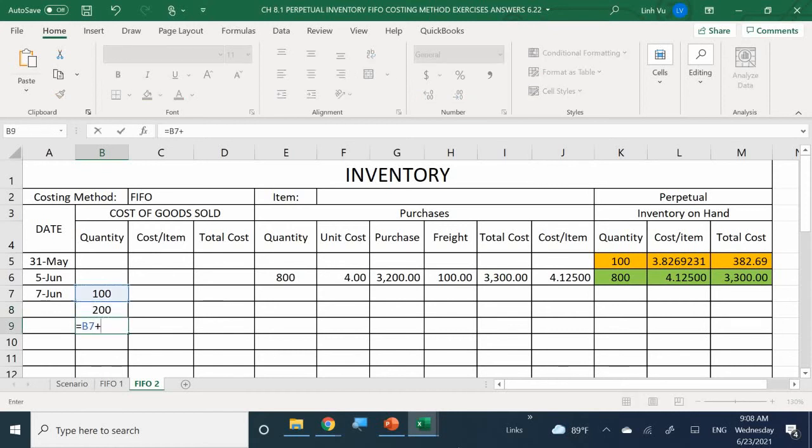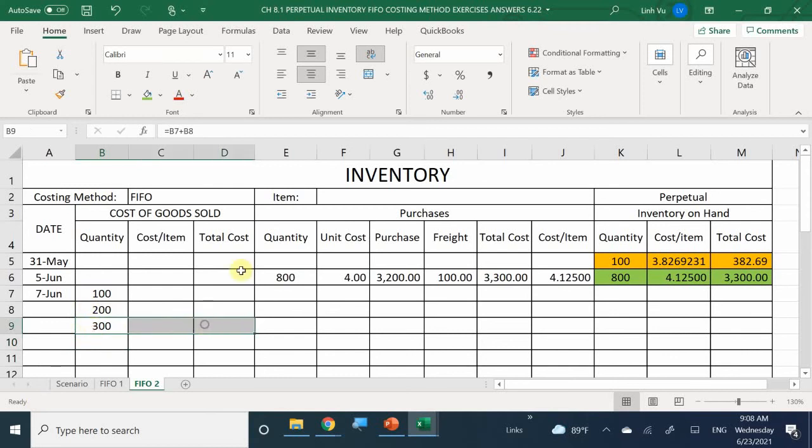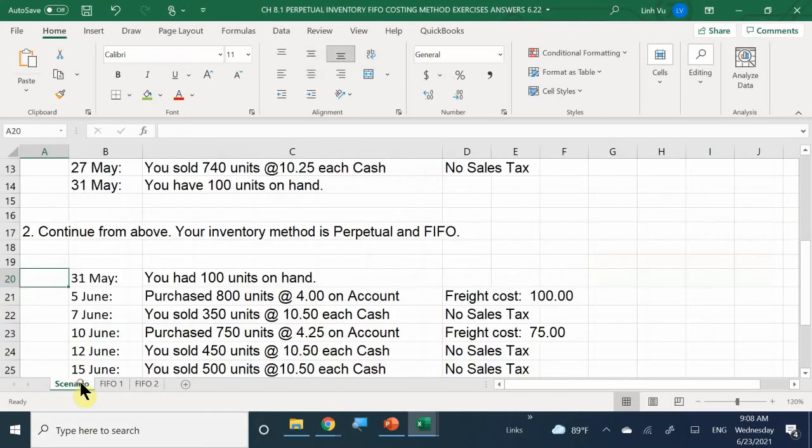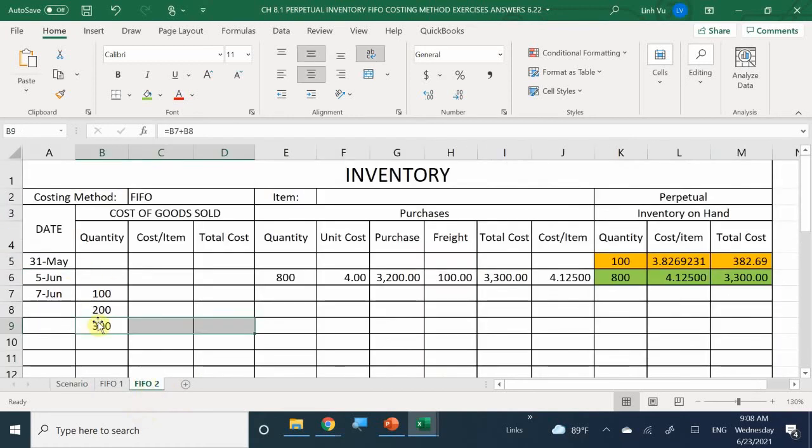Yes, because my end goal is to reach a total of 300 units sold. That's wrong. It should be 250 because you sold 350 units. Oh, let me see. We did 300. Oh, you're right. 350, excuse me. So here should be 250, to get a total of 350.